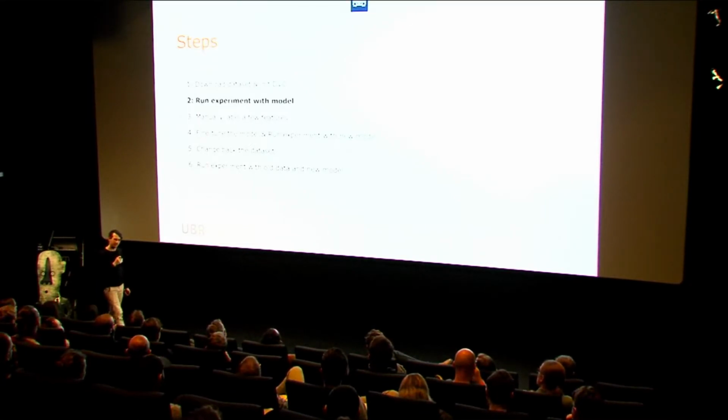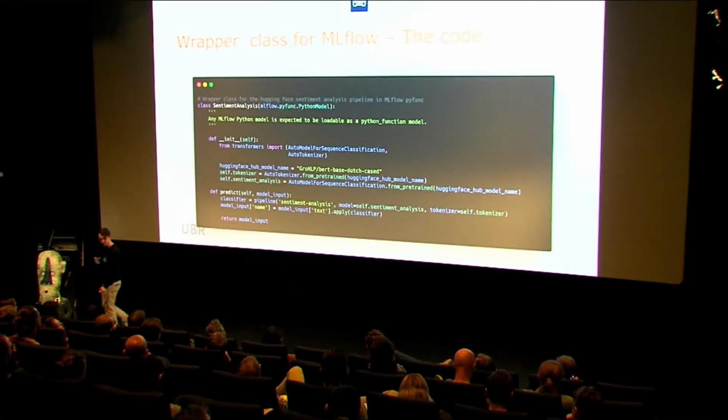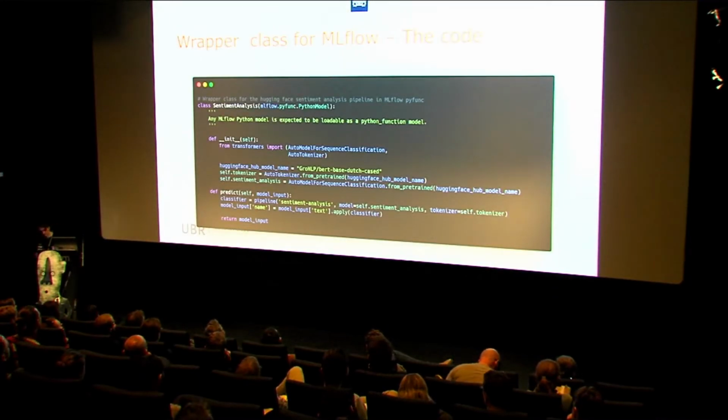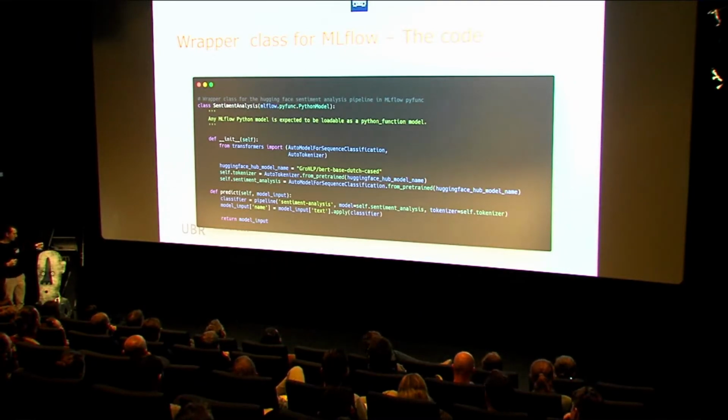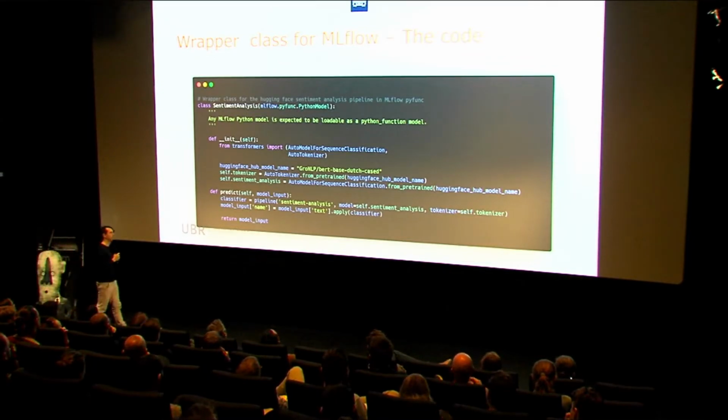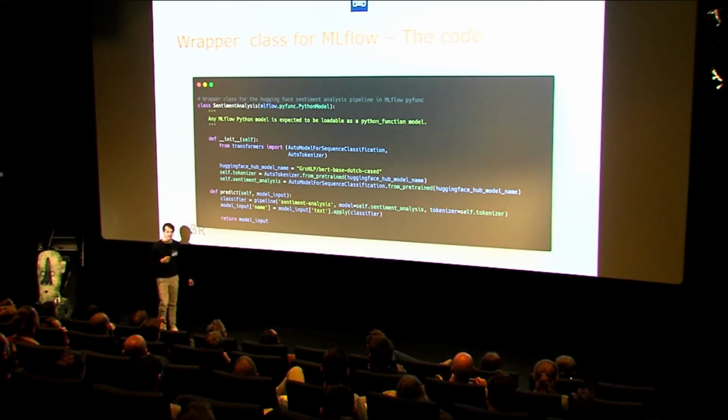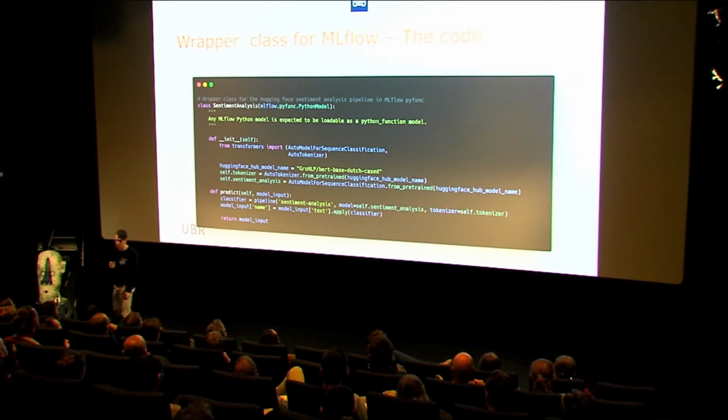All right. So on to the second part. This was the DVC part. Now running an experiment with our model. For MLflow, we need to write a specific wrapper, because then MLflow can bring it to an MLflow format.